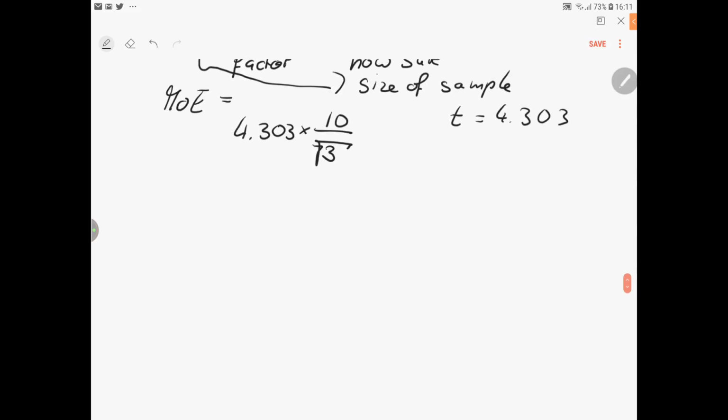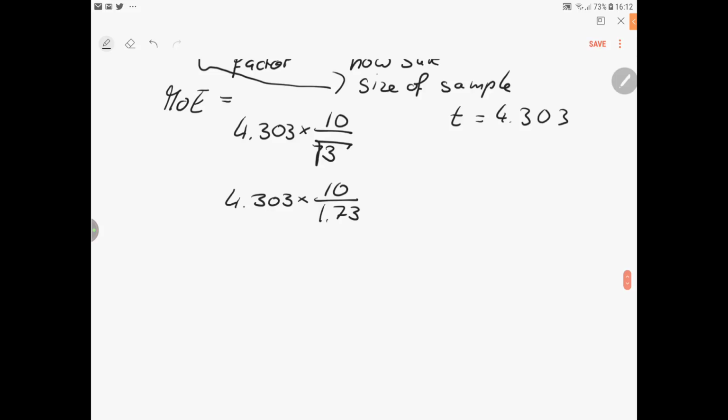Now let's try and do this calculation. So it is 4.303 times 10 divided by square root of 3 is 1.7 something, 1.73.